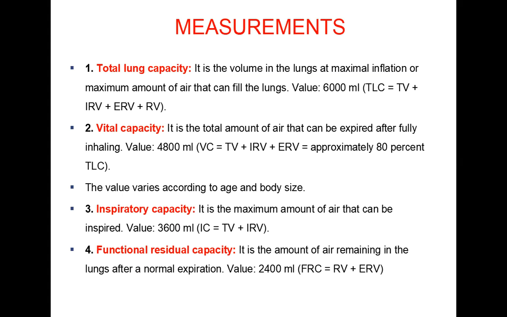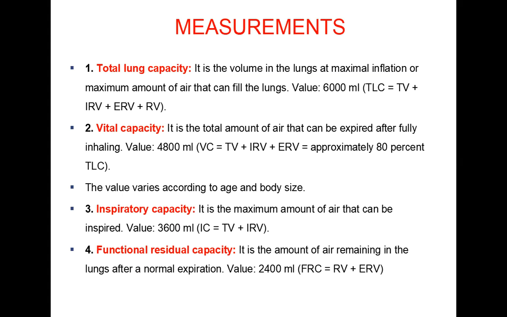The vital capacity is equal to tidal volume plus inspiratory reserve volume plus expiratory reserve volume. So this is known as the vital capacity, approximately 80% of the total lung capacity. The volumes vary according to age and body size.